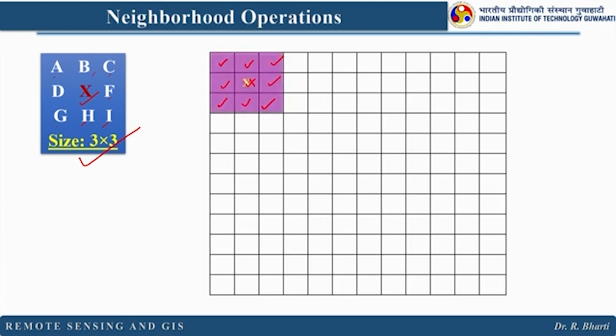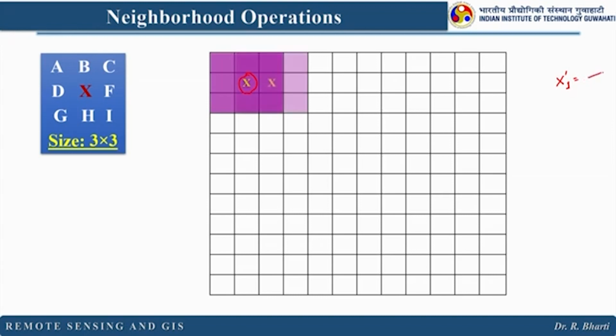How will we do that? Let us assume that you have overlapped. This is the central pixel. Now let us assume this is an average filter, and you have calculated the new x, so x dash or x1, and this is some value.